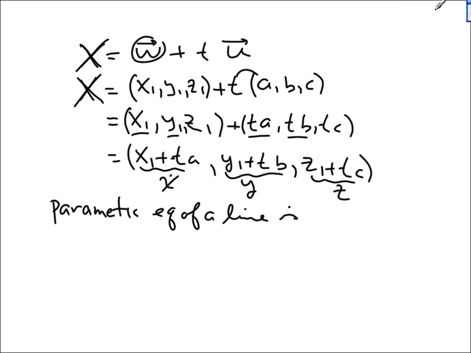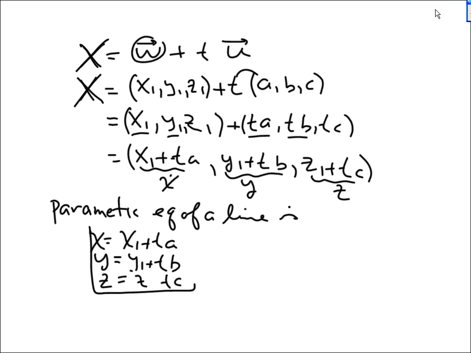It is x is x1 plus ta, y is y1 plus tb, and z is z1, sorry, I'll change that, plus tc. This here is the parametric equation of the same line.